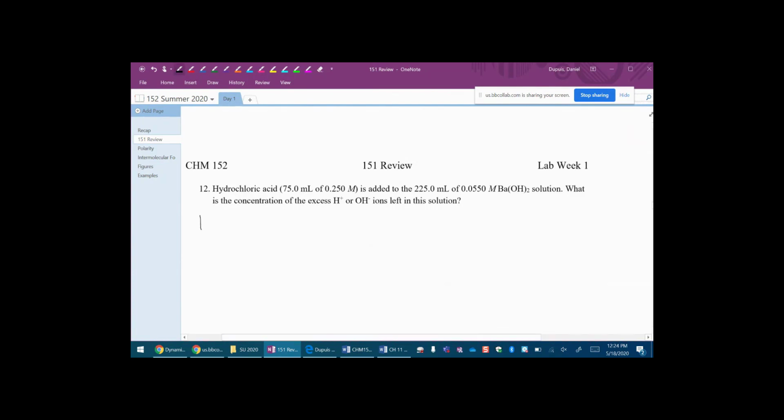So HCl plus BaOH2 going to BaCl2 plus H2O. Is it balanced? No. So I have 2 in front of HCl, and I believe I just need 2 in front of water, right?